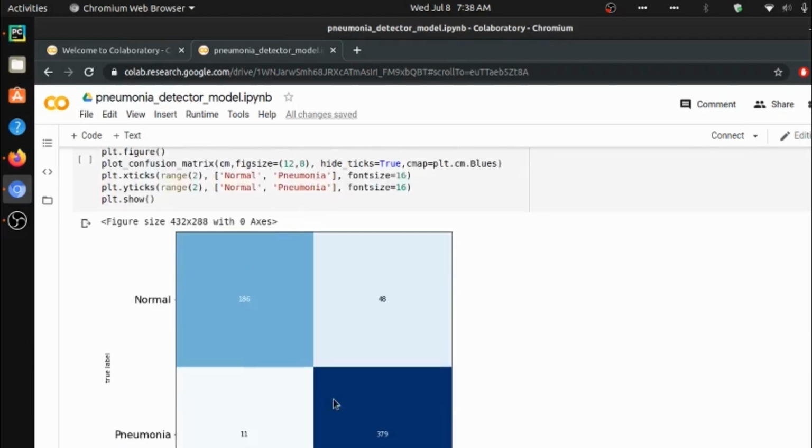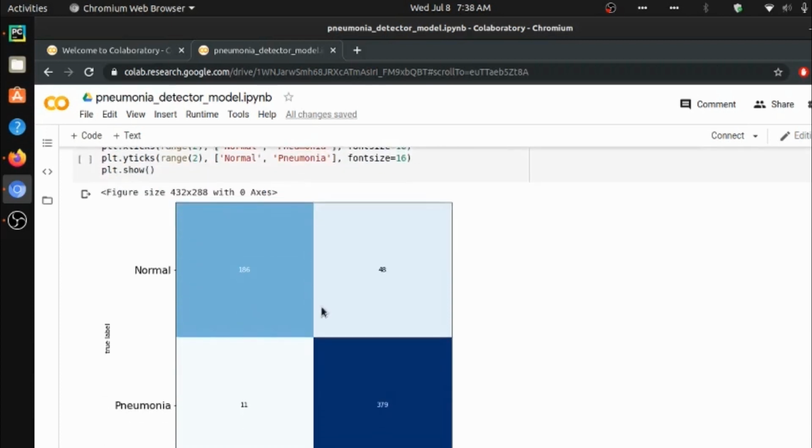And now we can see that we have our confusion matrix here. In the confusion matrix, the first cell signifies the true negative, this signifies the false positive, this signifies the false negative, and this signifies the true positive.